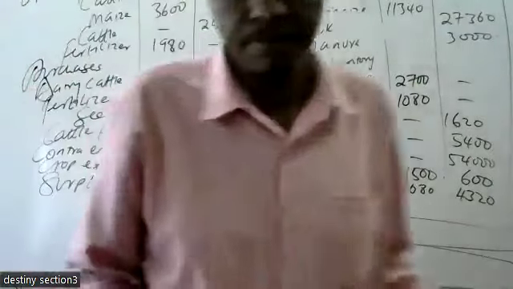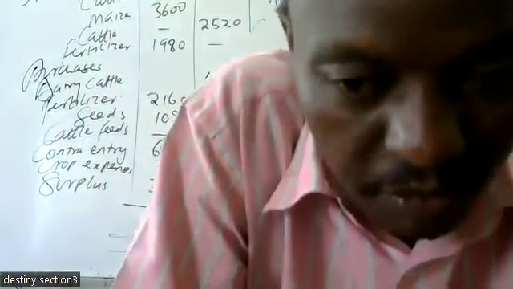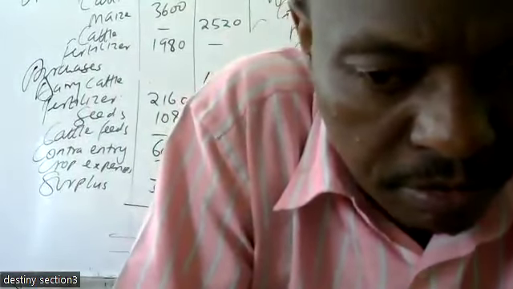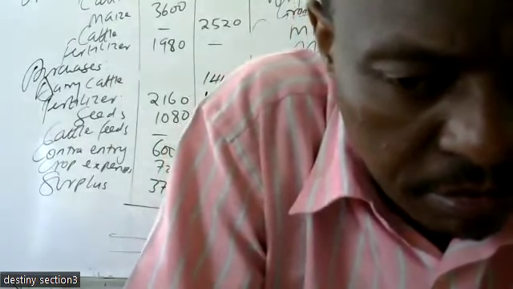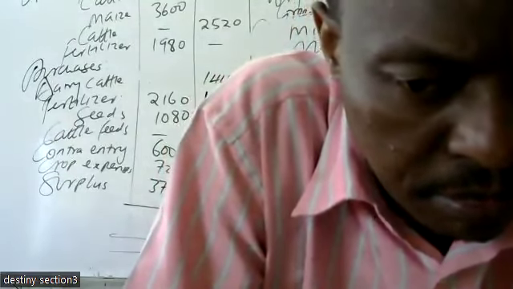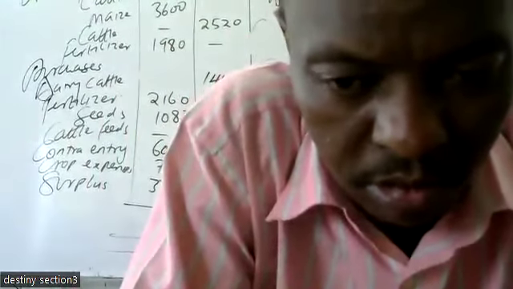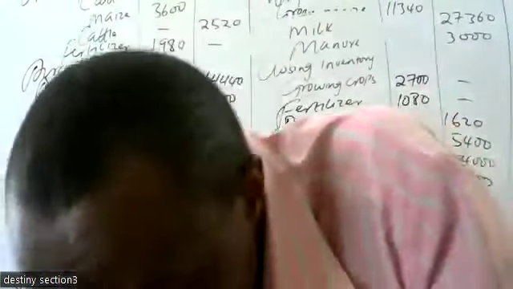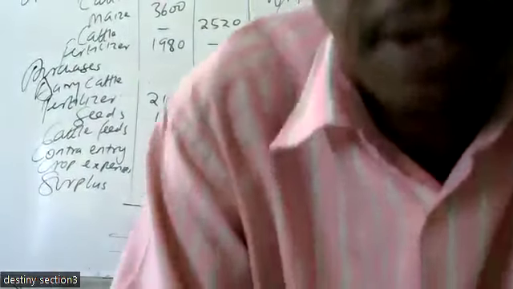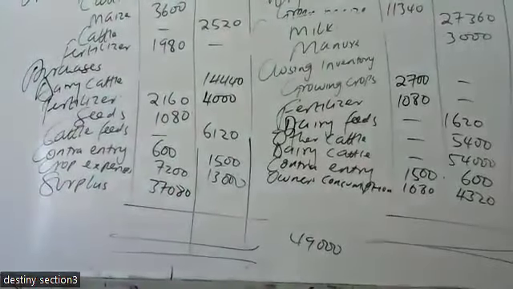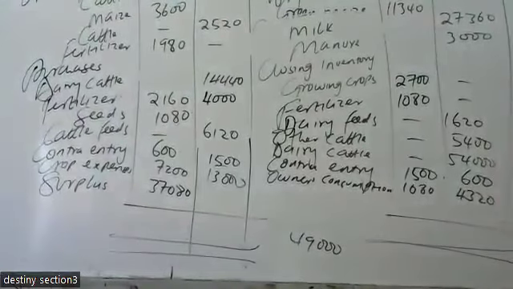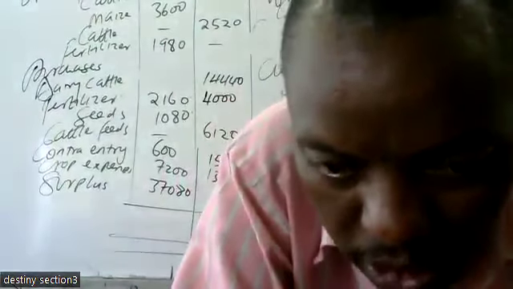Don't write it fast. We'll confirm. And the other one for livestock? 79.20.